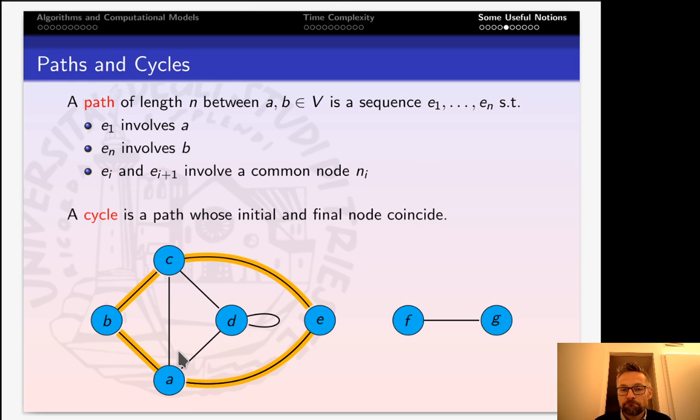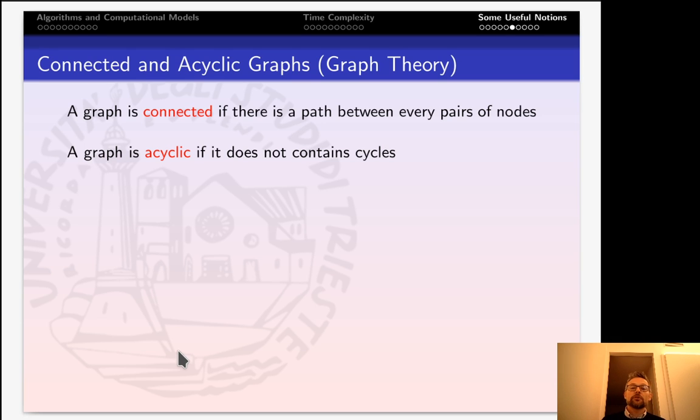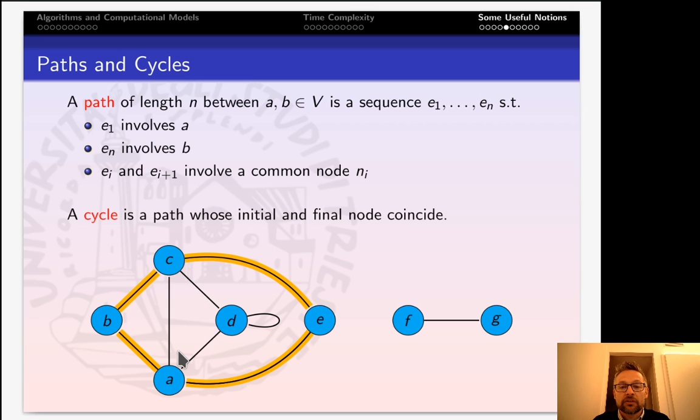Okay? Great. So what's a connected graph? A graph is connected whenever for each pair of nodes you are able to build up a path between them. Okay, so let me go back here.